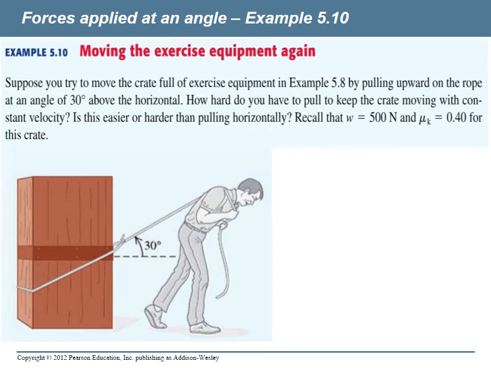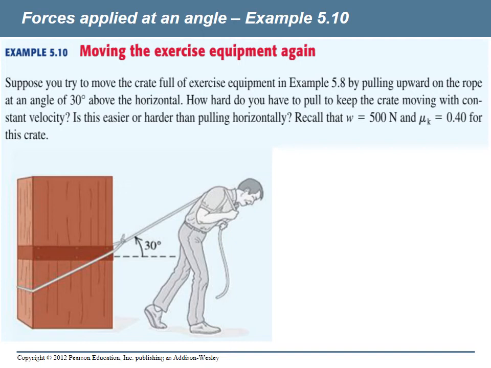Well, the weight is 500 newtons, right? So if I pull horizontally, the only thing stopping it from falling is the normal force pushing back up. So I have to have a normal force of 500 newtons. So then my frictional force would be 0.4 times the 500 newtons, so it would be 200 newtons of frictional resistance. That would be horizontally, right?